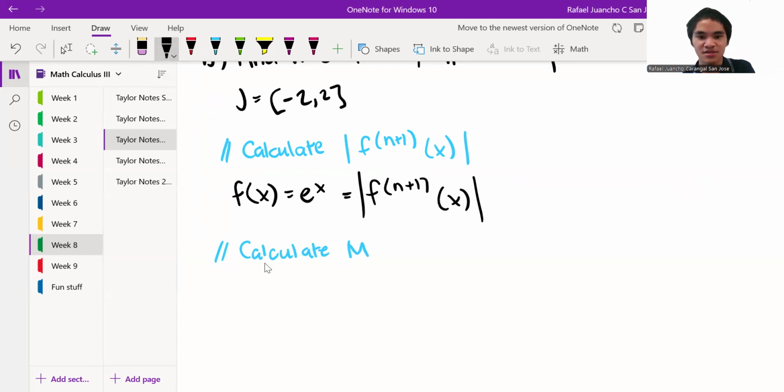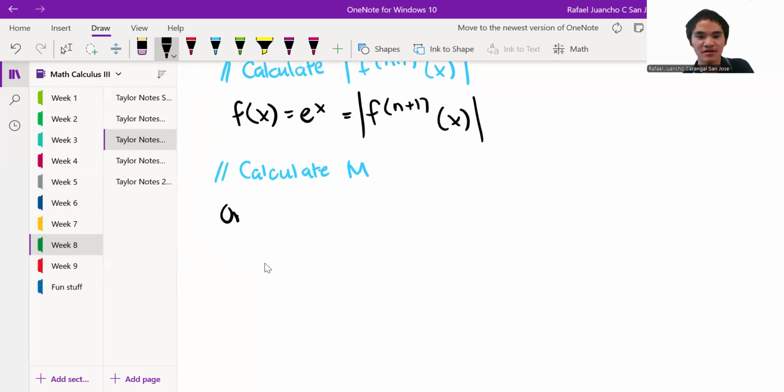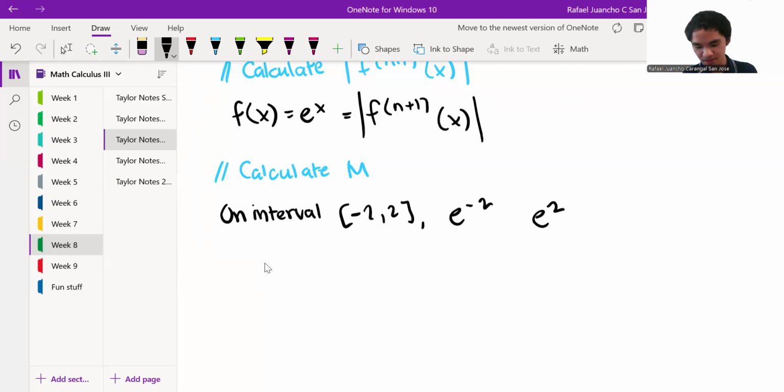And then from there, okay, let's now calculate m. So let's use that formula. On this interval between -2 and 2, which personally I think is a big interval, right? Let's see which one's bigger. Is this thing bigger or this thing? Well, I'll use a calculator. E to the 2 is 7.3. Oh, this one's bigger.